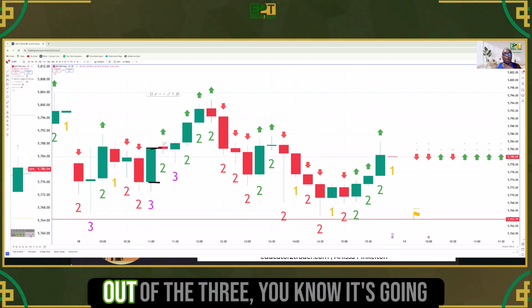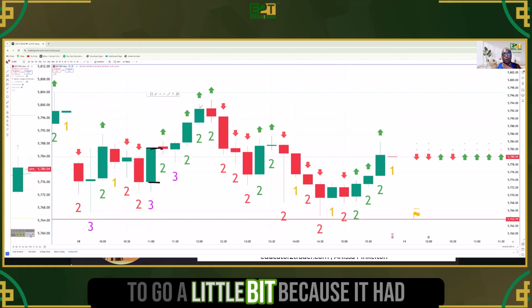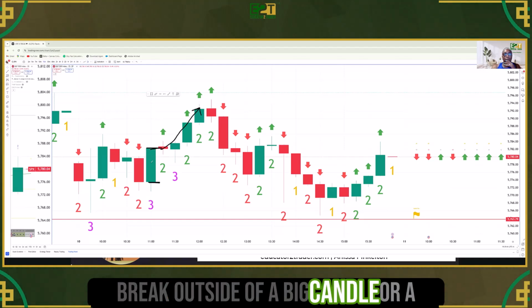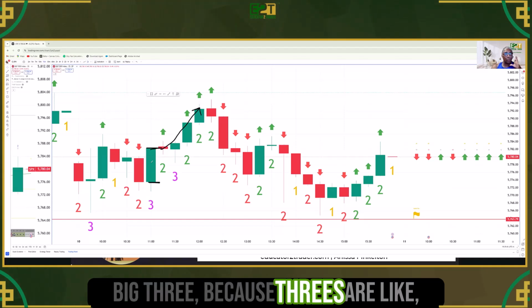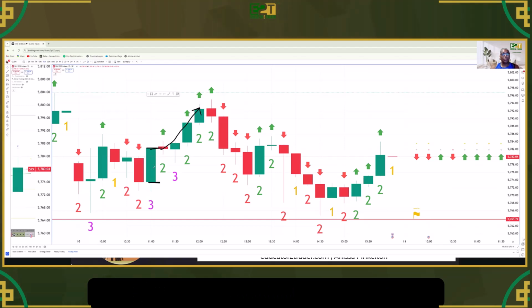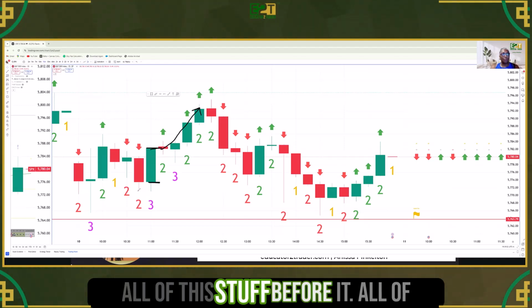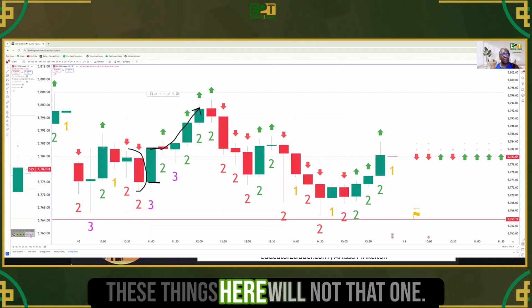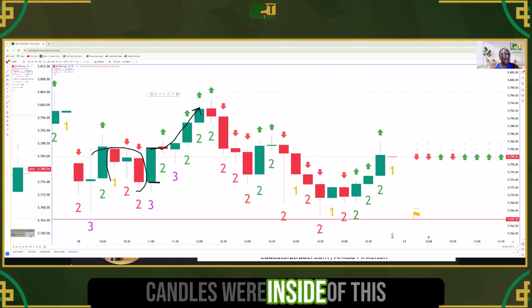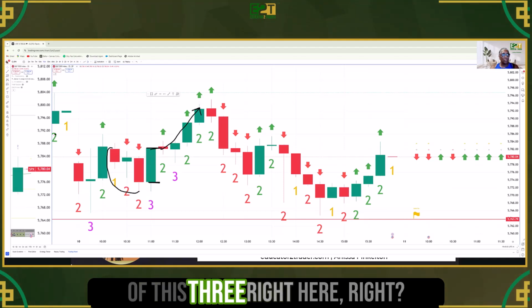When price breaks out of the 3, you know it's going to go a little bit because it had enough strength to break outside of a big candle or a big 3, because 3s engulf previous stuff. All of this stuff before it, all of these things here, well, not that one, all of these were inside. These 3 candles were inside of this 3 right here.